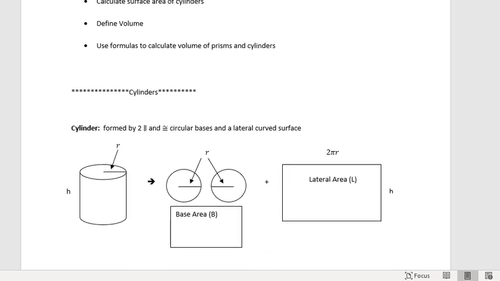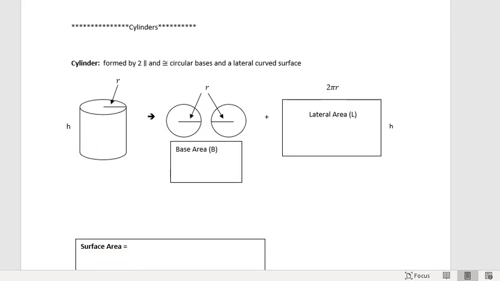All right. A cylinder is formed by two parallel and congruent circular bases and a lateral curved surface. So a good example of a cylinder would be a soup can.